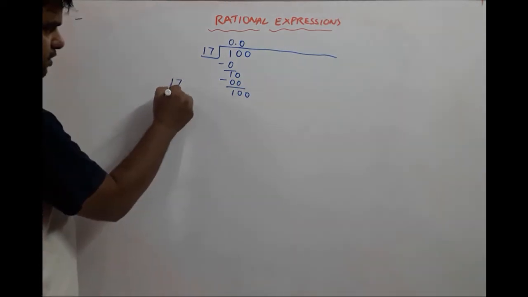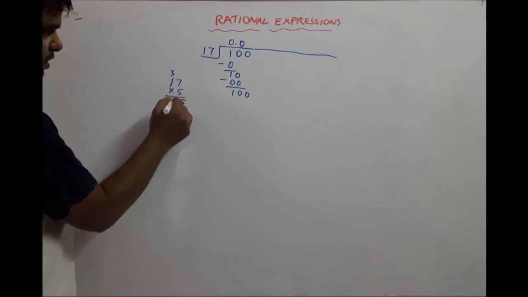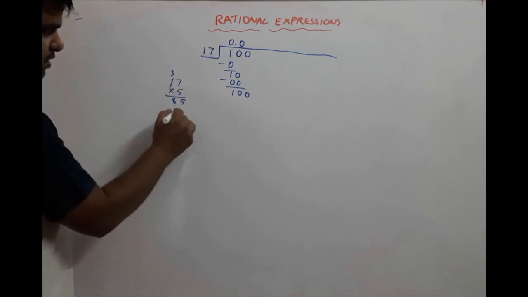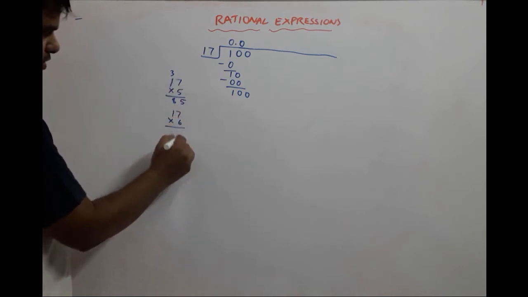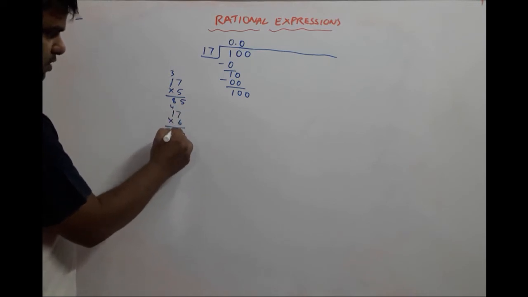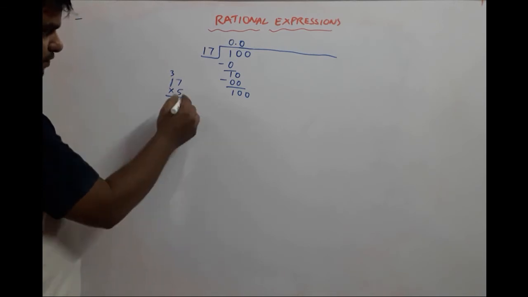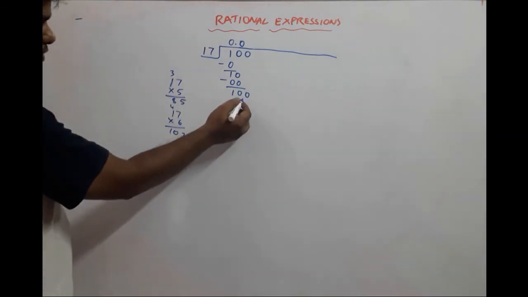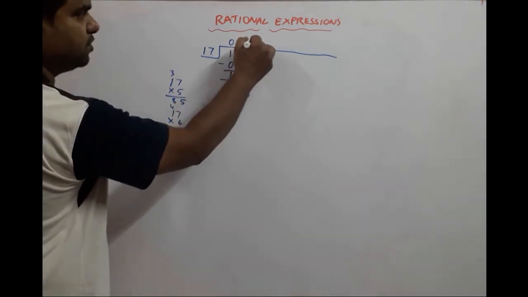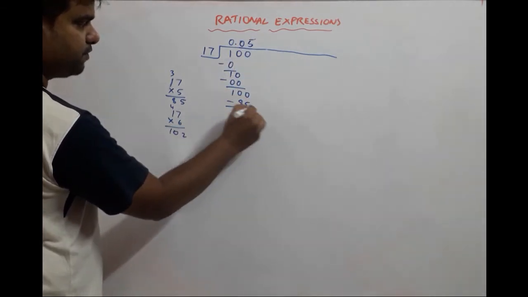17 into 5 gives us 5 sevens are 35, carry 3, 85. And 17 into 6 will give us 6 sevens are 42, carry 4, and 10. Okay, now 85, 102. We have 100 over here, that means only 5 times table will go. 17 into 5 gives us 85.